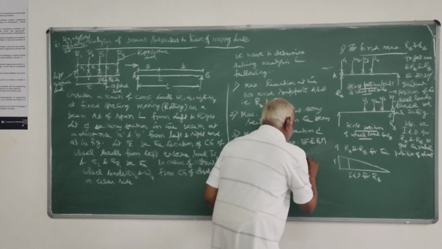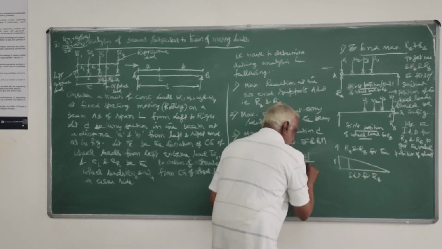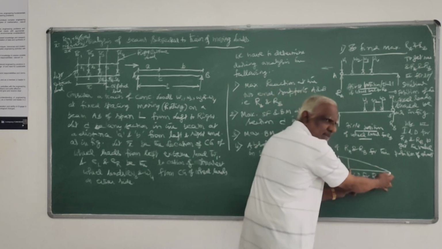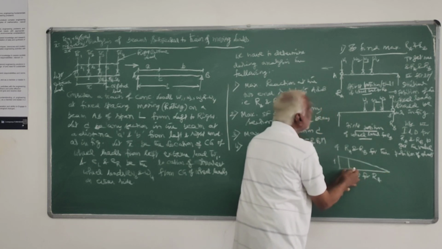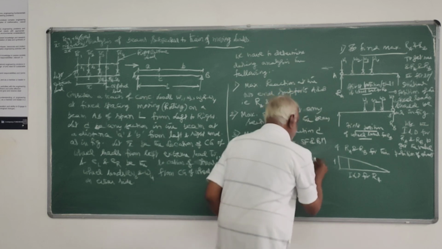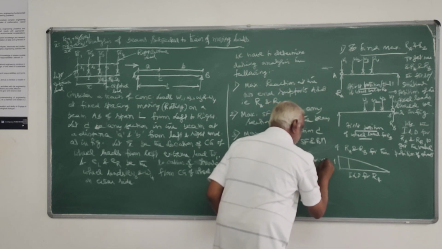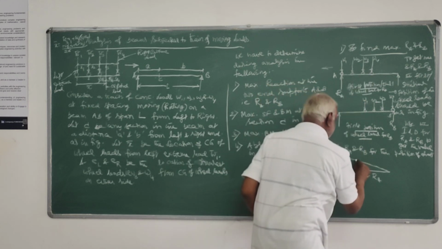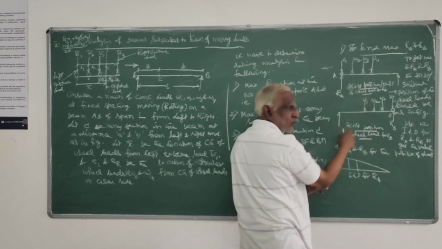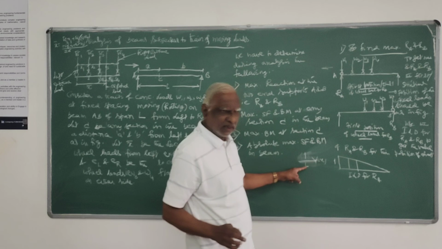You get 1 ordinate for a length of L, and for this length you can work out, this is nothing but L minus x1. So for that L minus x1, you find out the value. Similarly here, for L minus x2, you determine the ordinate.